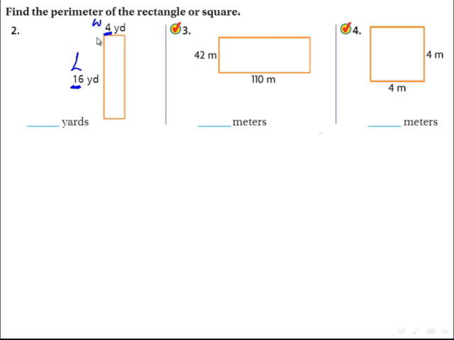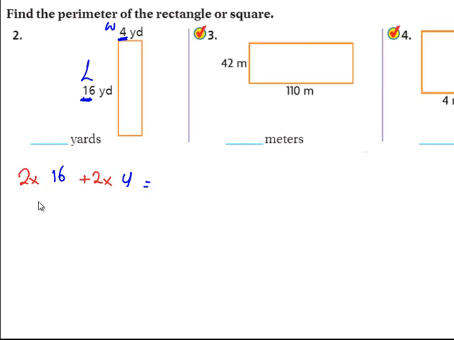Length and width. Now use the new formula that we have studied. 2 multiplied by what? Plus 2 multiplied by what?